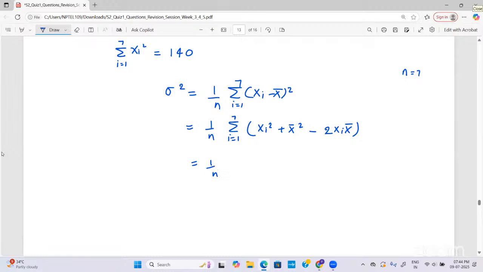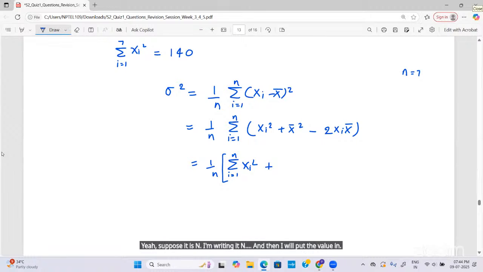Then 1 upon n summation. We will introduce the summation in this bracket. So this will be i going from 1 to n of xi square, and then here what will it be?